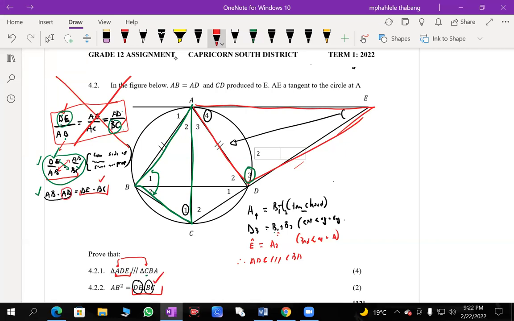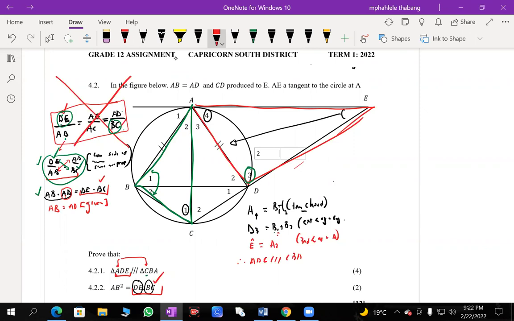AB squared. Now AB is equal to AD, it's given.